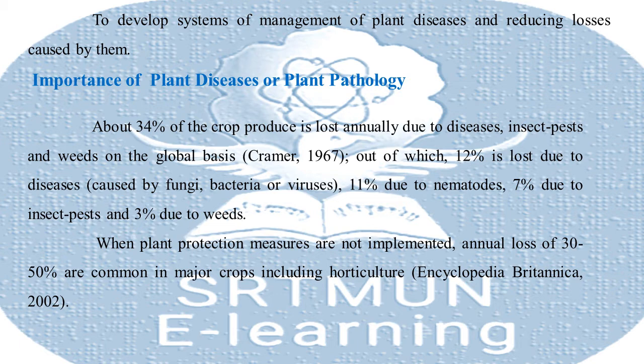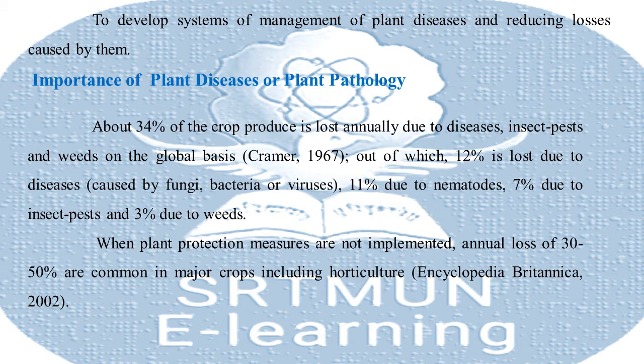In 1967, about 12% was lost due to diseases caused by fungus, bacteria, or viruses, 11% due to metabolites, 7% due to insects and pests, and lastly 3% due to weeds.